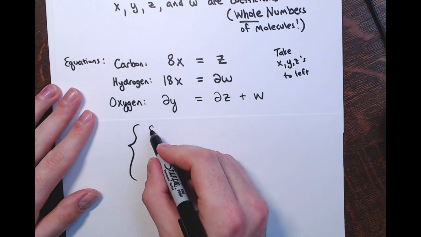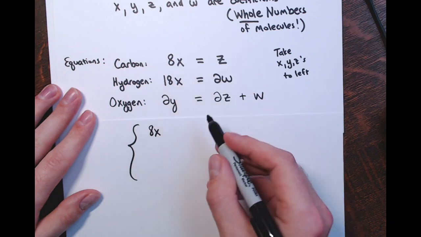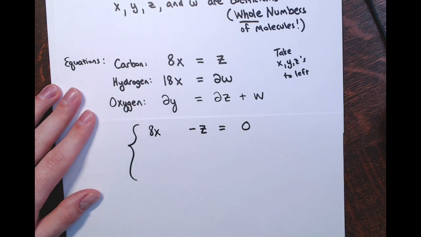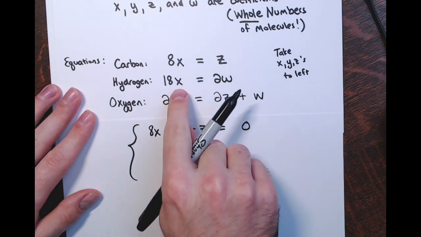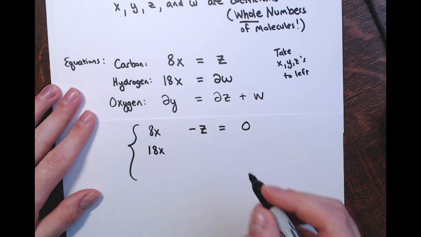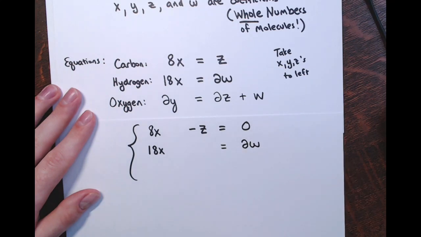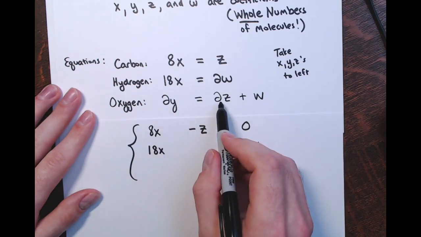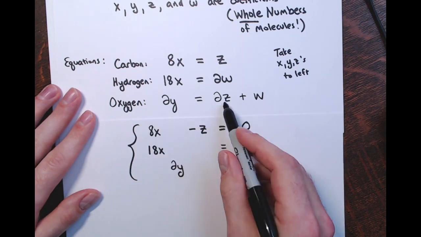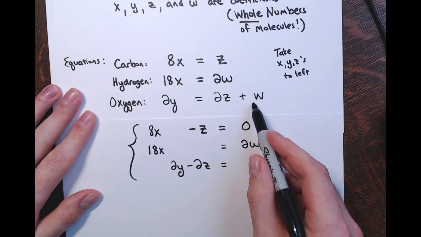So we have 8x, and then no y, and then I'm subtracting z, equals 0. Second equation, you have 18x, no y, no z, and then the 2w on the right side. And then third equation, there's no x, you have 2y, then minus 2z equals, and then over here, just w.